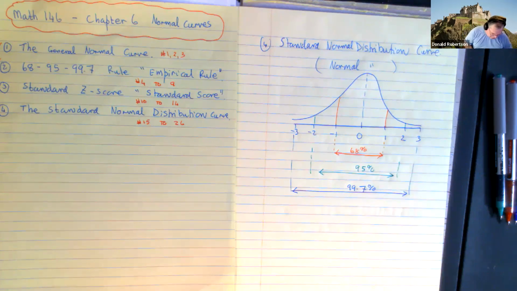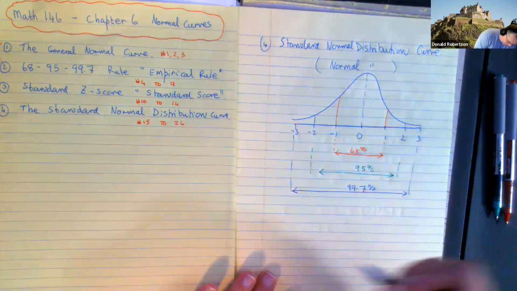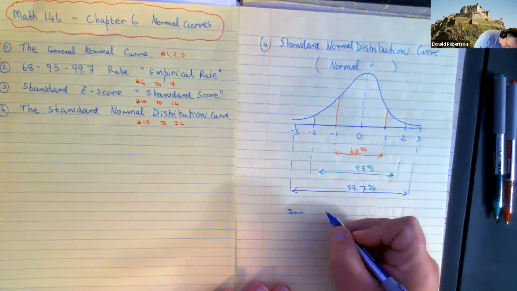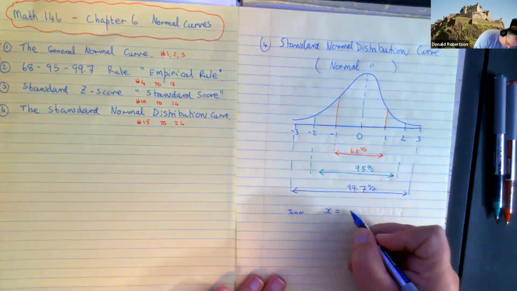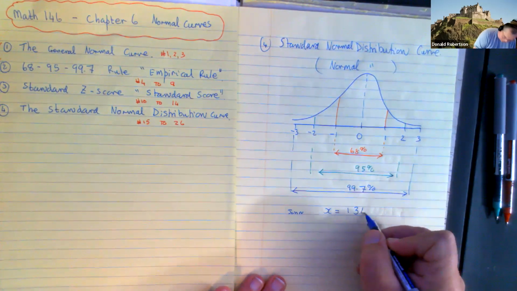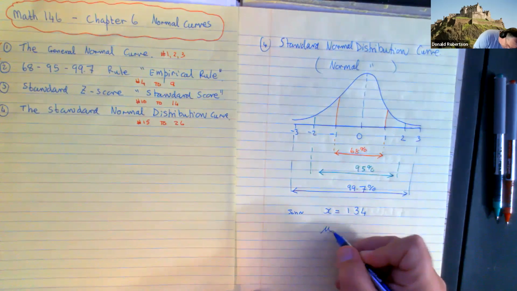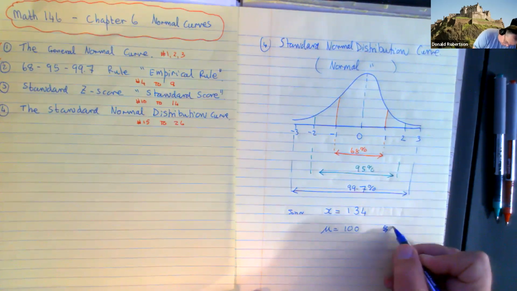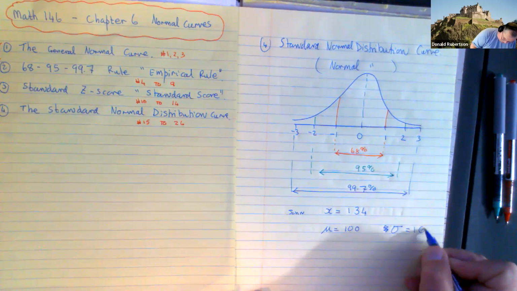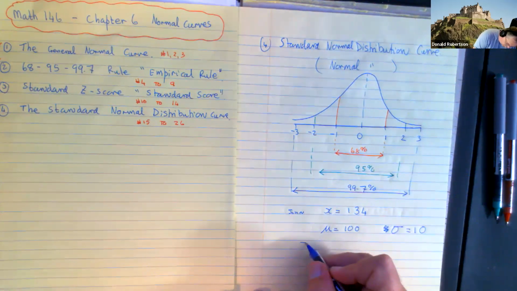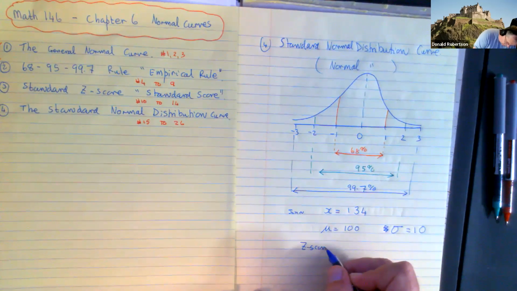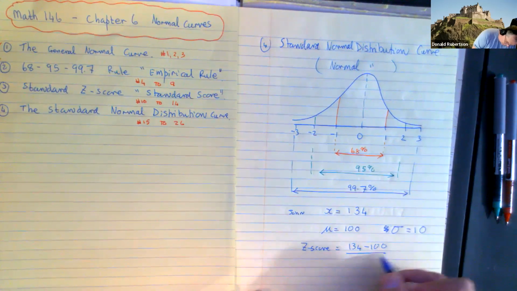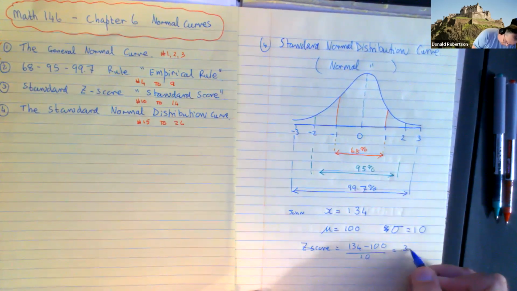So you might get a question that says something like this. Picking John because he's a nice short name. John got an IQ score of 134. And we know that the mean of IQs is 100, and the standard deviation of IQs is 10. So John's z-score would be pretty easy to calculate because I wanted nice numbers: 3.4.